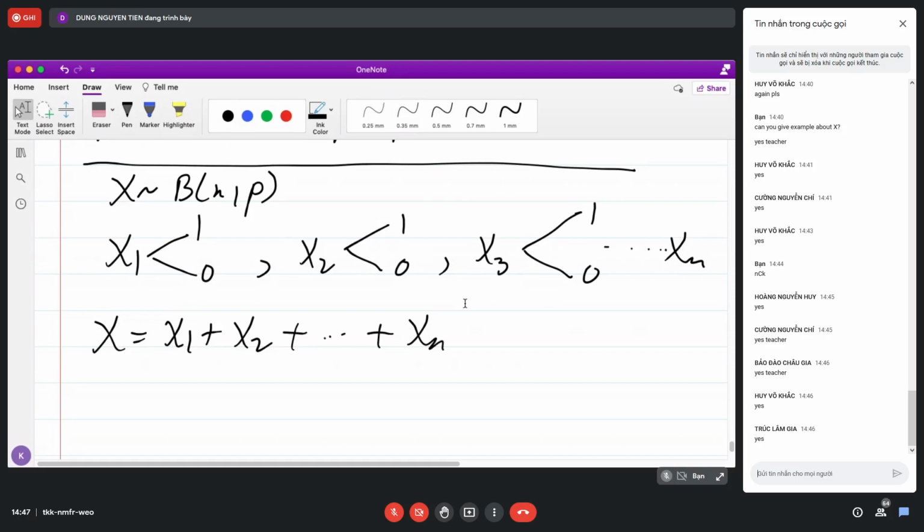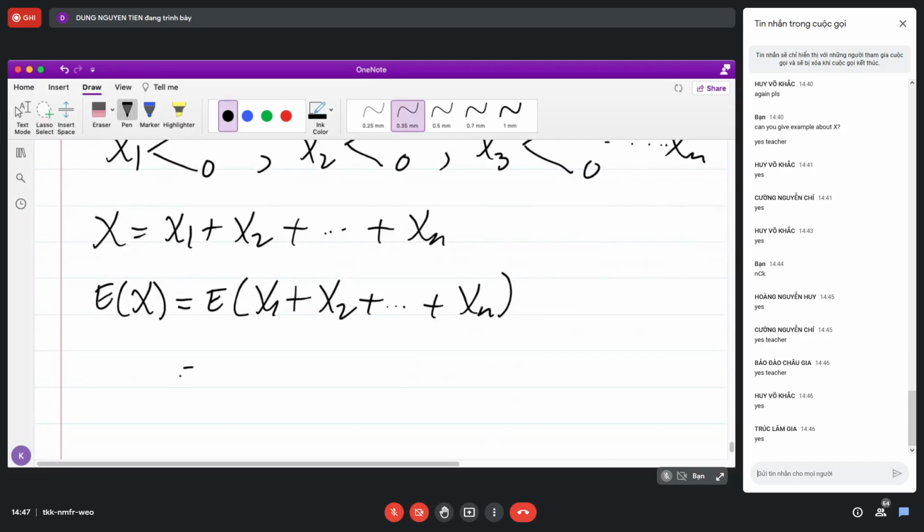And then you want to find the mean of x, which is the mean of x1 plus x2 plus up to xn. And you get the mean of x1 plus the mean of x2 plus up to the mean of xn.